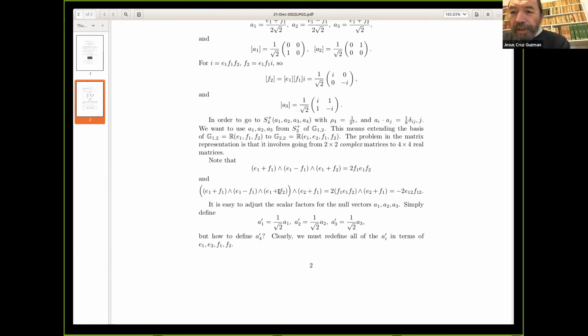It looks like the problem is the kind of product that we are using here. Because if we use a tensor product, then we can go perfectly from a 2 by 2 matrix to a 4 by 4 matrix by tensor product, which is the way the author uses it in this paper.